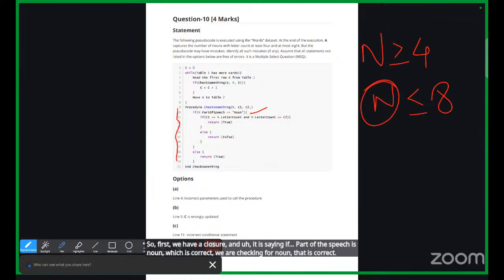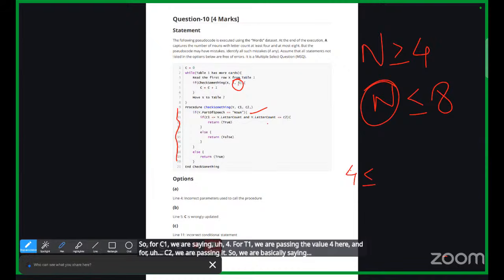If C1 is less than or equal to y dot letter count and y dot letter count is less than or equal to C2. So we need to check whether C1 and C2 are correct or not. For C1 we are passing the value 4, and for C2 we are passing 8.